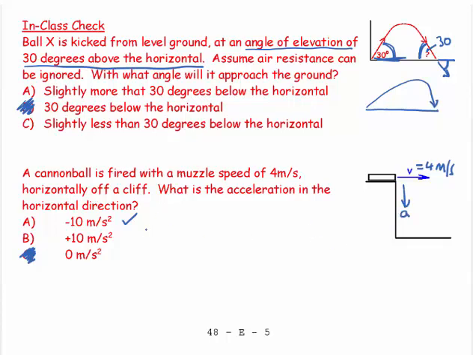And it's certainly not plus 10 meters per second squared. So neither one of these two is right. The answer is 0 because there's no net force acting horizontally. The only net force acting on this particle is the weight, and so there's only an acceleration in the vertical axis.